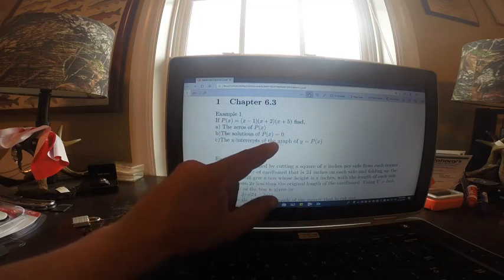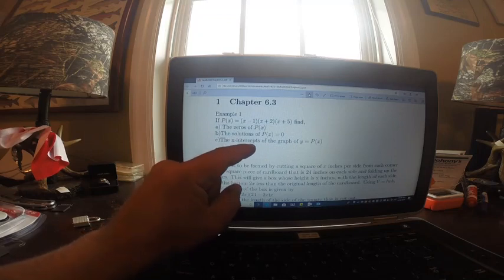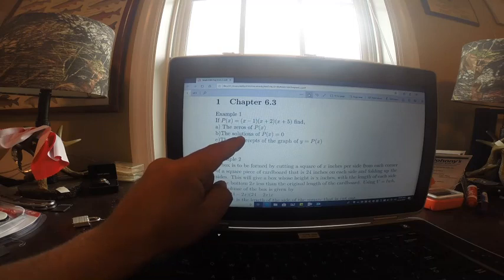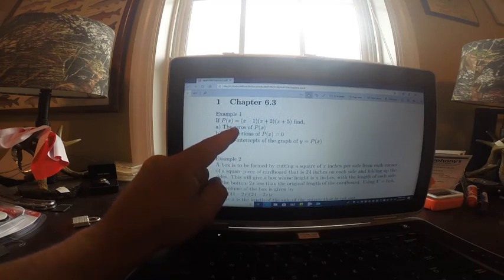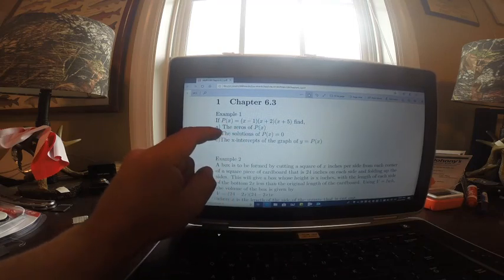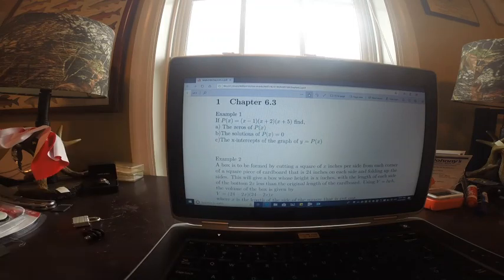C says the x-intercepts of y equals p of x. Well, you have an x-intercept when y is 0. So we're really looking for 0 equals p of x, which is what we're looking for in B, and also in A. So any of these questions are essentially asking for the same thing. So don't let that mess you up. I could ask you any of those questions. I'm asking you to do the same thing.